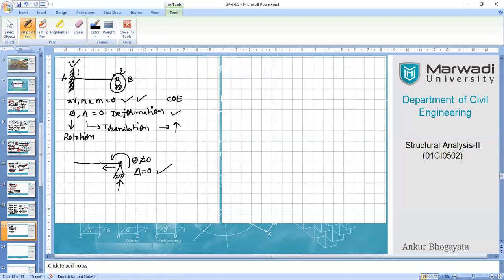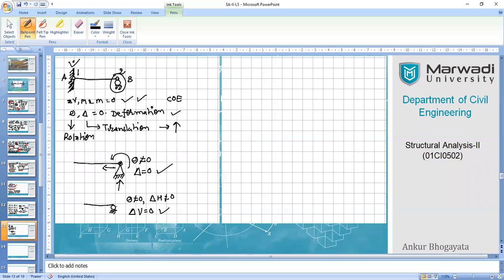So in the case of fixed we have seen just now, and in the case of a roller support, what should be the deformation requirement? Theta is non-zero, deflection in the horizontal direction is also non-zero, but deflection in the vertical is 0.